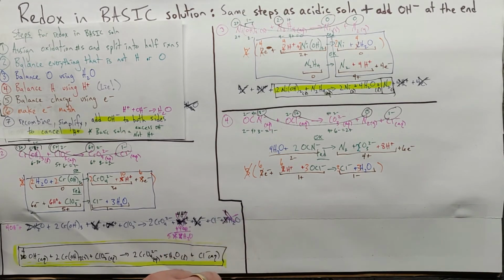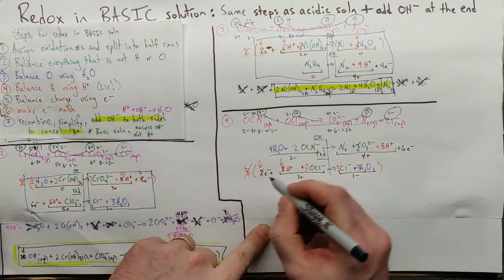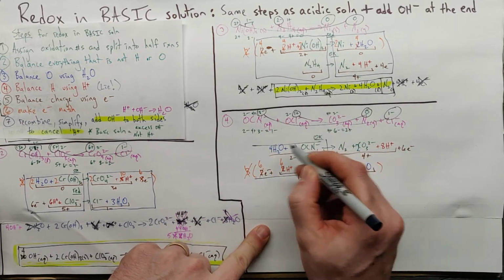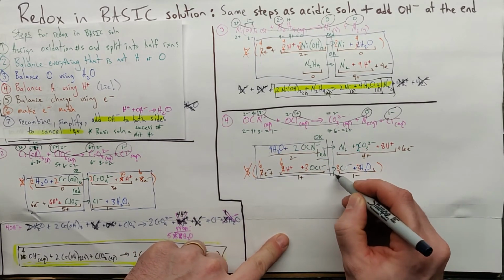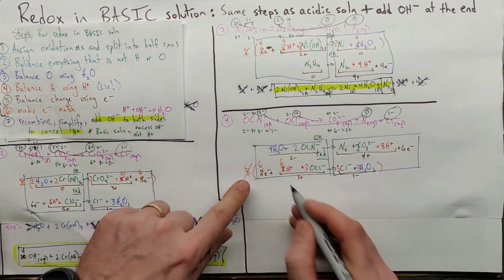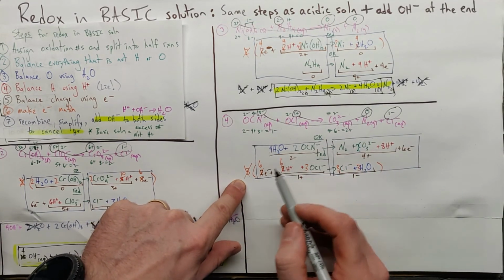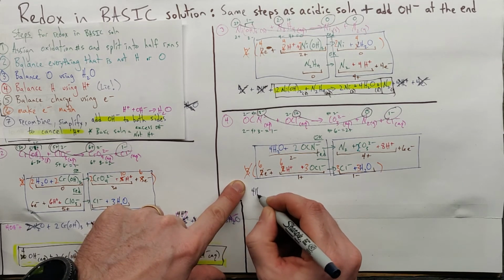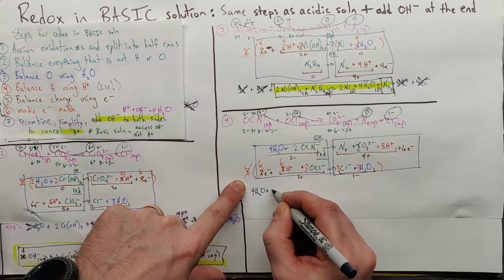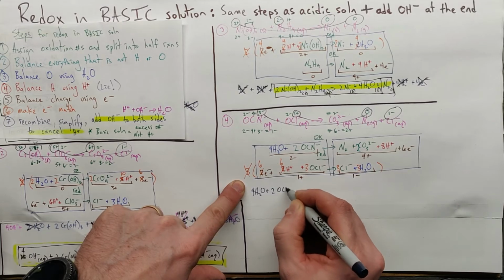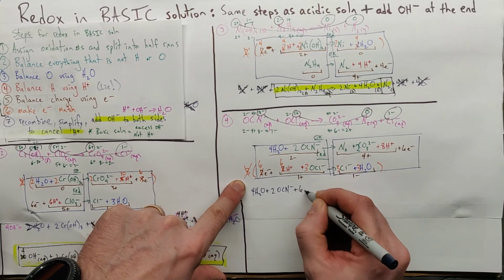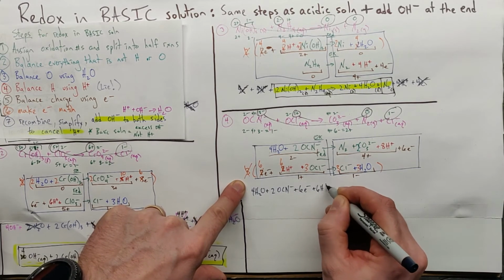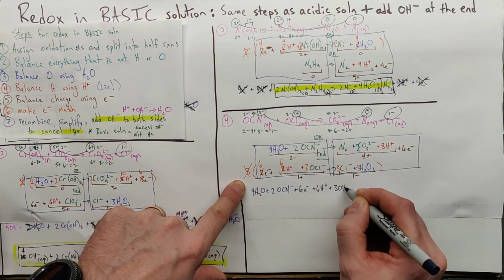We're going to recombine, and again, I find it useful to put a box around what I'm going to recombine. And I know I'm going to have 1, 2, 3, 4, 5 things on this side. That's our waters and our 2 OCN minus, 6 electrons, 6 hydrogen ions, and 3 hypochlorite ions.